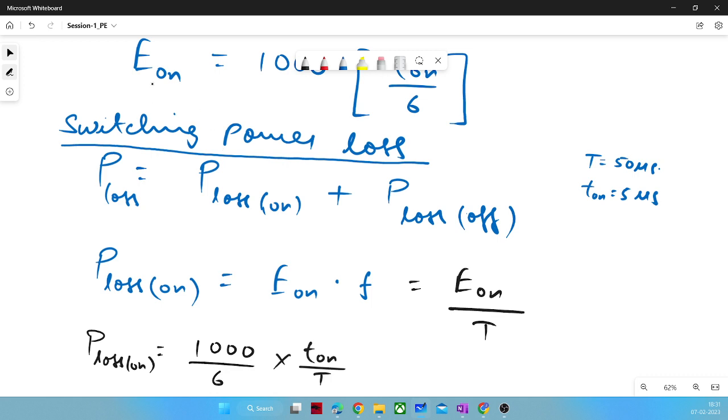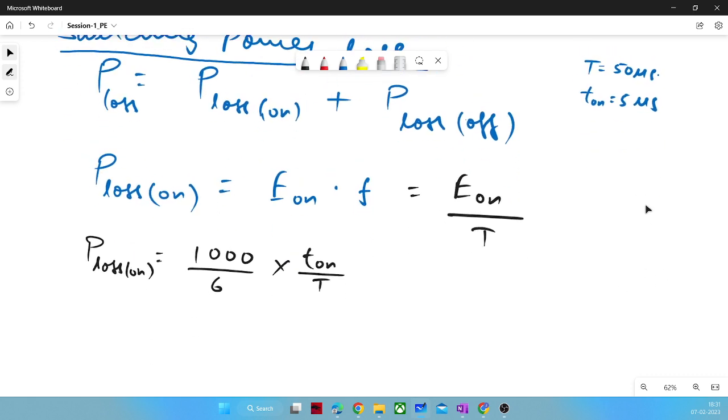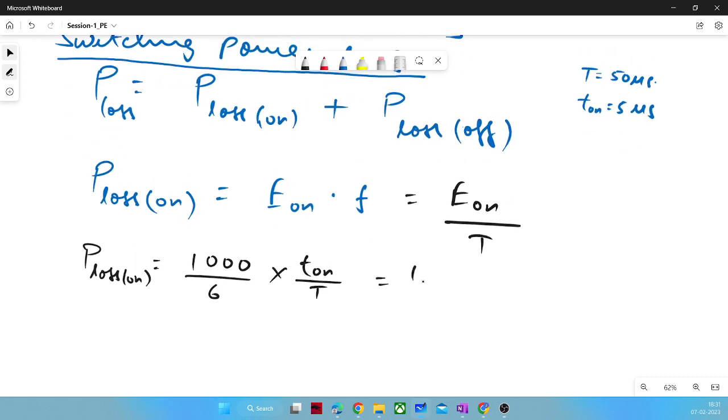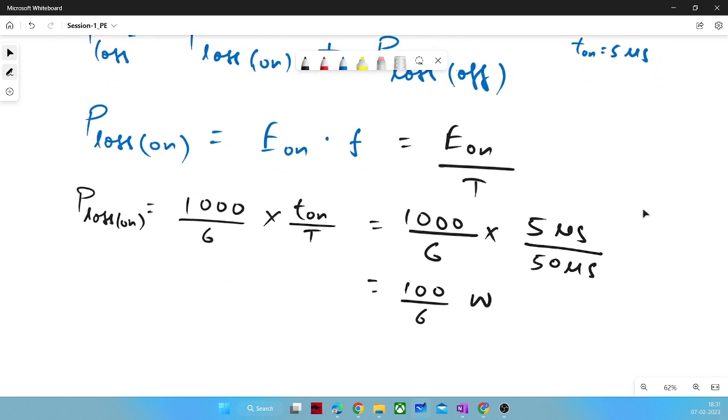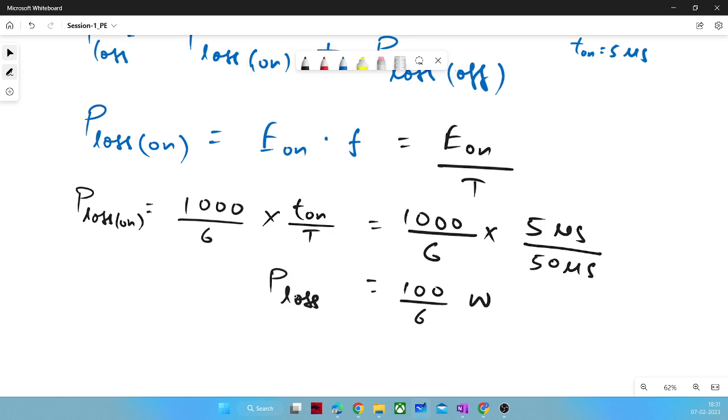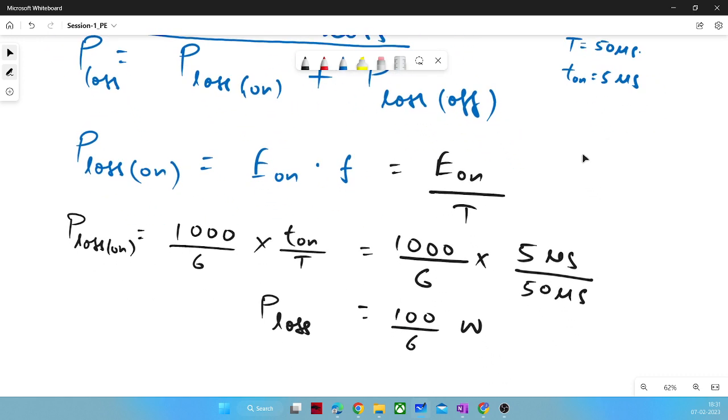I just wrote the expression of energy lost during on transition and divided it by time period. If I further simplify it, 1000 by 6 into T on, 5 microseconds, divided by total T, that is 50 microseconds, it will be 100 by 6 watts. So it is the answer for the problem, if it has been asked only for the power lost during turn on transition. But the question is asking something else.